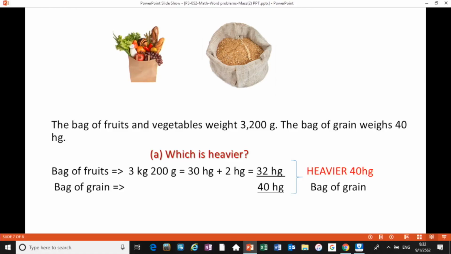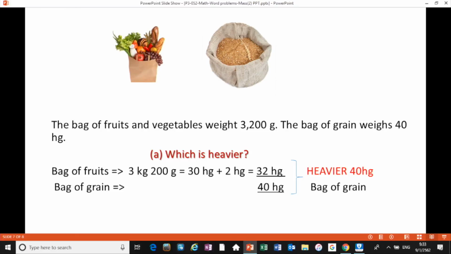The bag of fruits and vegetables weighs 3,200 grams. The bag of grain weighs 40 hectograms.